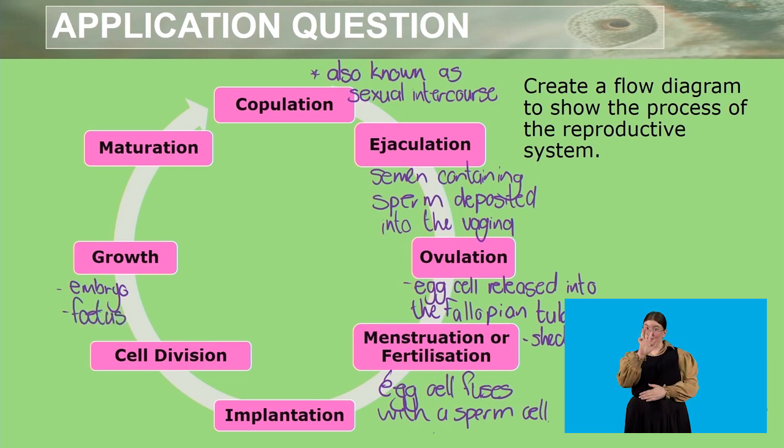And then after 9 months, that is when the baby is going to be born. And then once the baby is born, they will grow. They will reach a stage of puberty where they also become sexually mature, in preparation for reproduction, and are later able to reproduce their offspring.